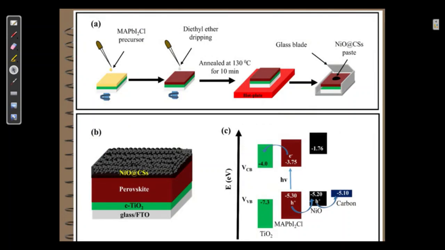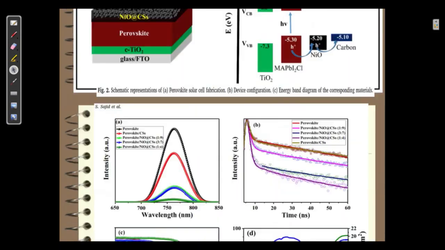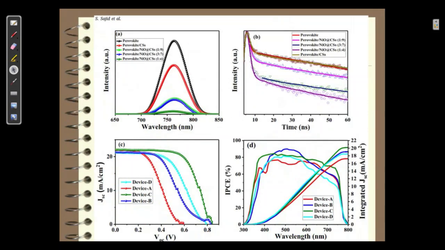Then we have the methodologies. For example, we prepared those materials, and then we have the methodologies to apply those materials in our device, such as over here we have the spin coater, methylammonium chloride precursor, diethyl ether dripping, and so on, nickel oxide and carbon spheres, and we have just the doctor blading technique, and we have to achieve these device performances.